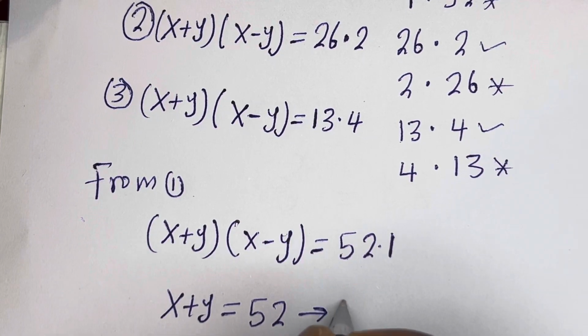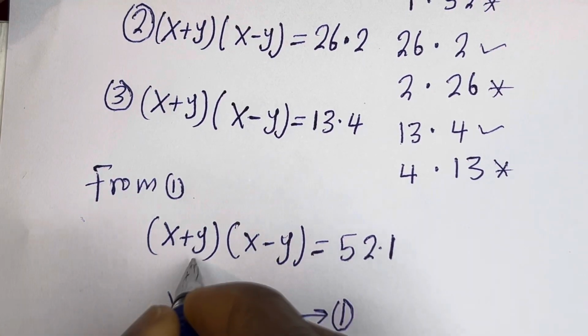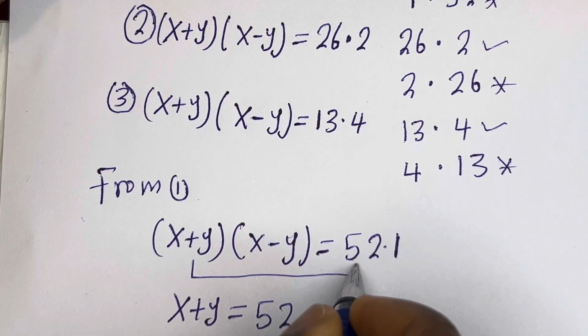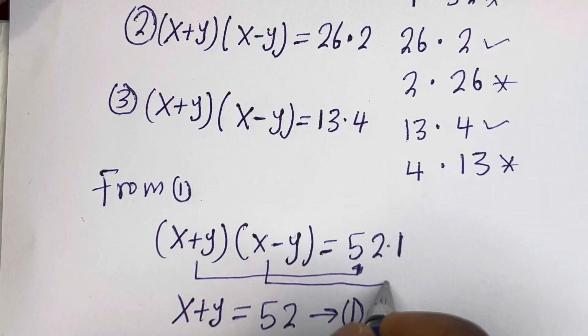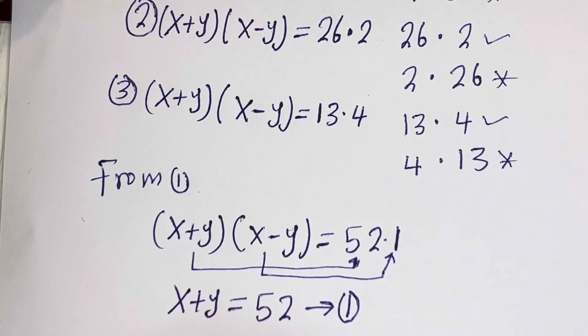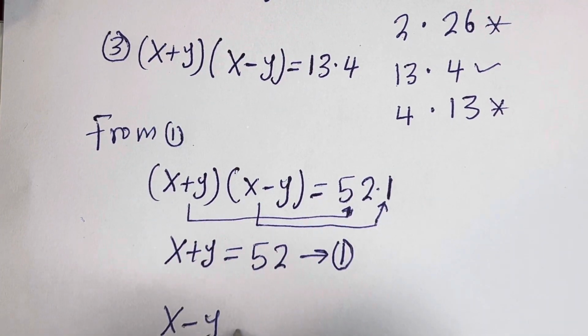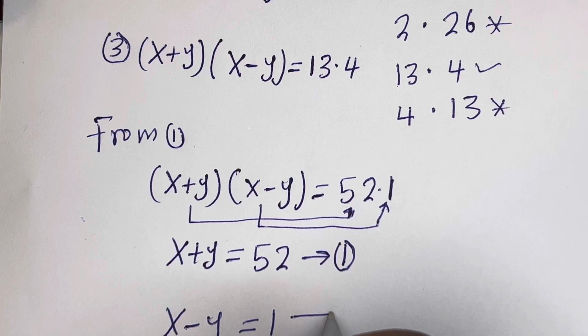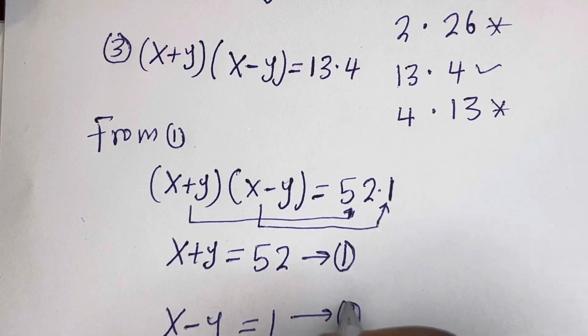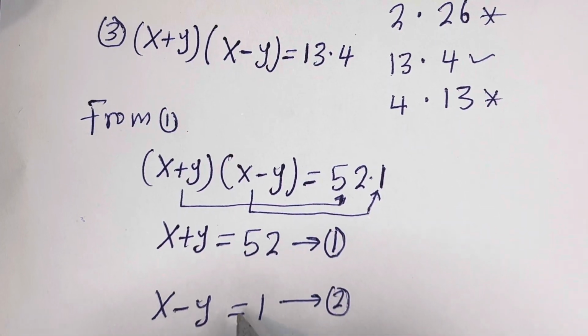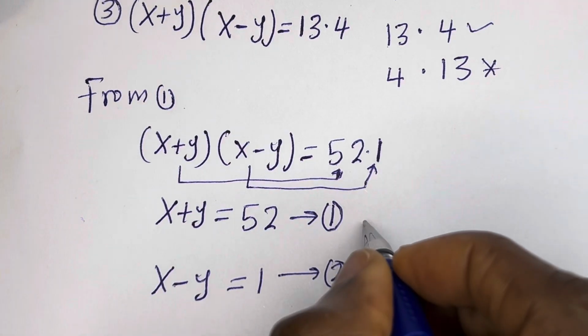Let's call this equation 1. This will go for this, and this will go for this. Then x minus y is equal to 1. Let's call this equation 2. This is a simultaneous equation. Let's solve it using the elimination method.